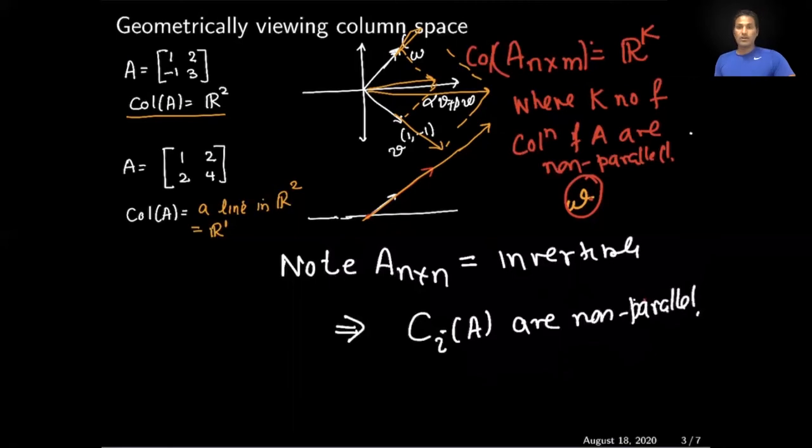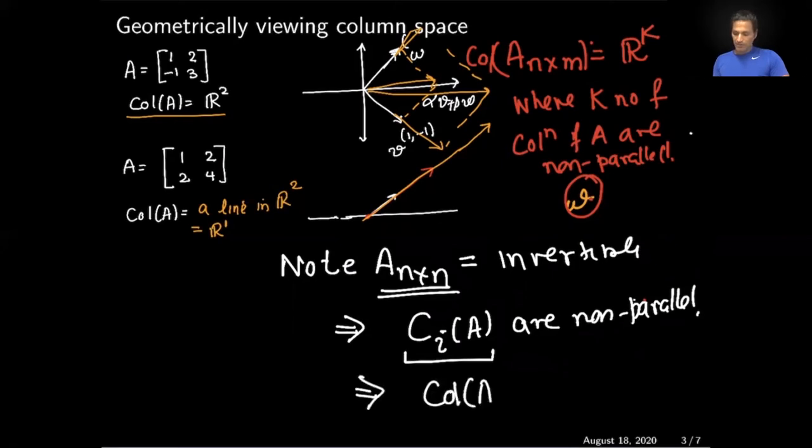None of the columns of this matrix is going to be parallel if the matrix is invertible, because this matrix has n pivots. So all the columns of this matrix are non-parallel, and this implies the column space of an invertible matrix is going to be Rn. This is another fact about the column space of the matrix.